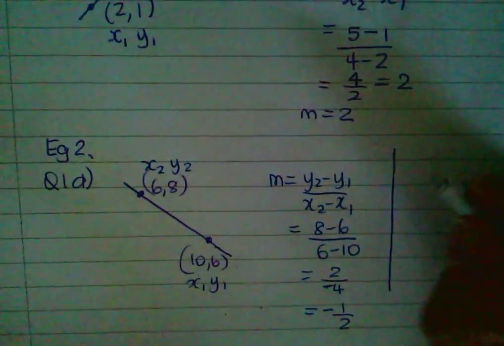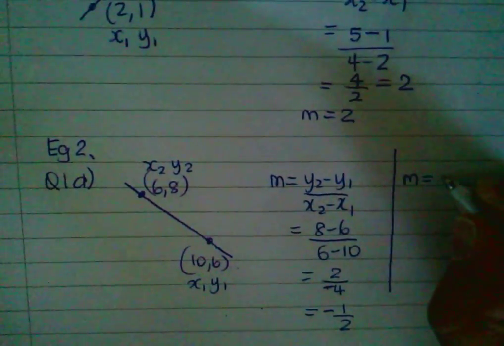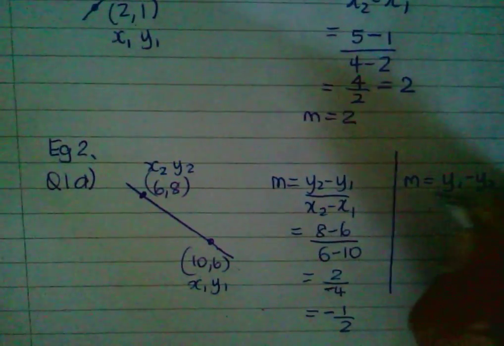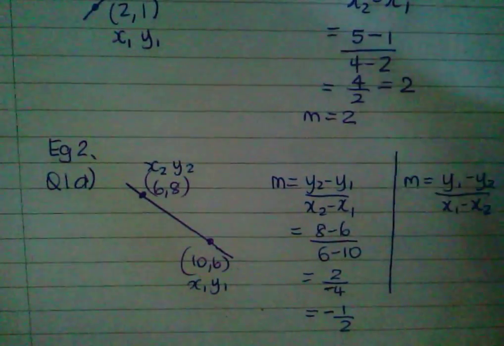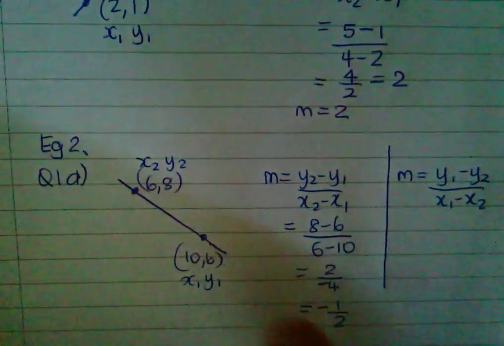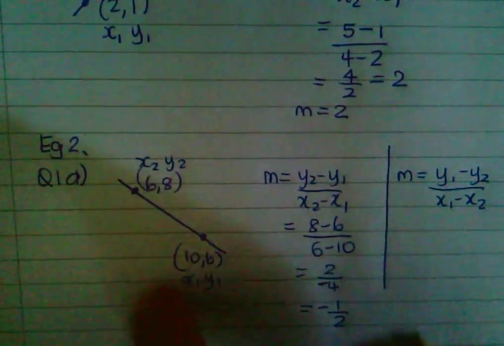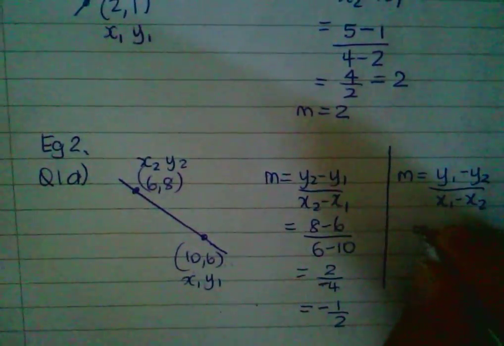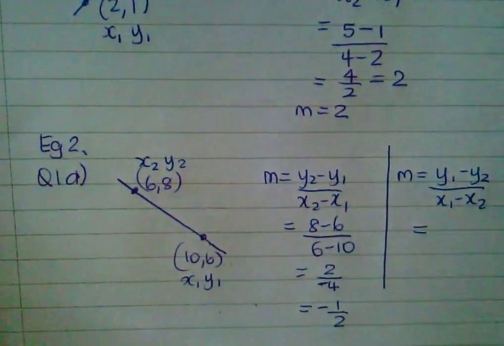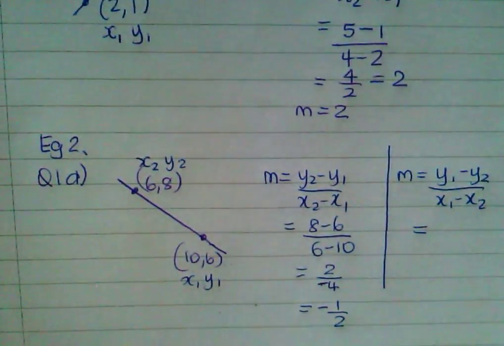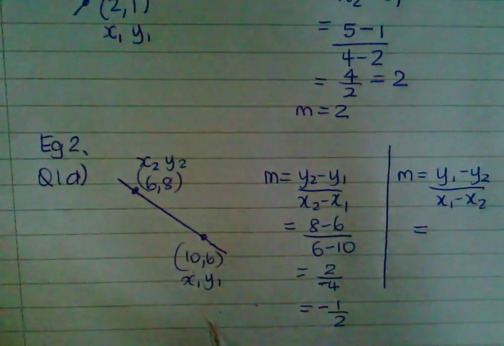Now, what happens if you decided to do y1 minus y2 over x1 minus x2? It doesn't matter if you did bottom point to top point. It doesn't matter. You will get the same answer. All right? Some people don't like to use the formula. They just do this y minus that y, that x minus that x. So let's do it the other way.